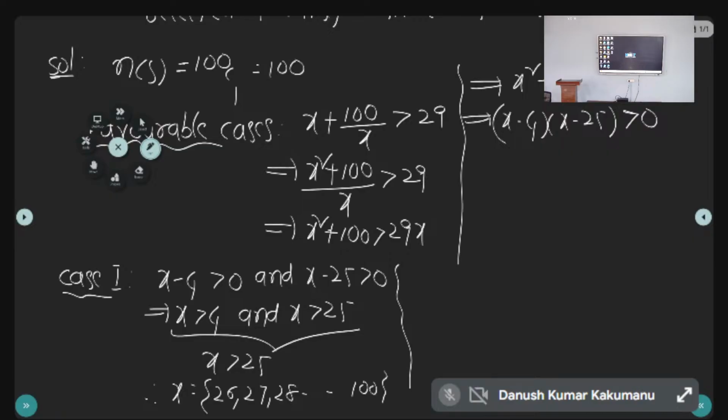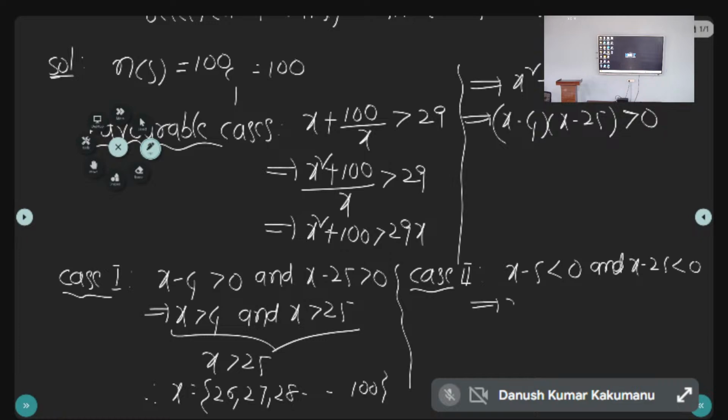And now coming to case 2. What is case 2? See, again, product of two terms is greater than 0. Either this is possible or both may be less than 0. Minus into minus is also positive or not? Second case: x minus 4 less than 0 and x minus 25 also less than 0.